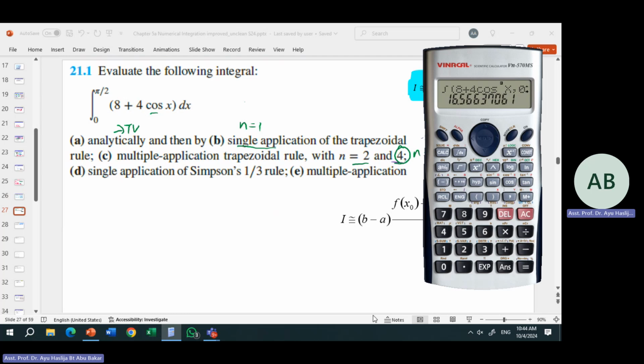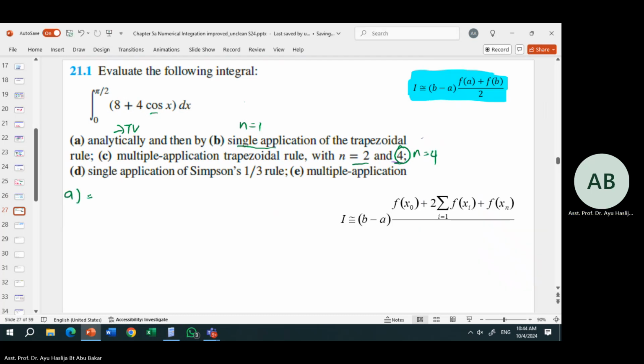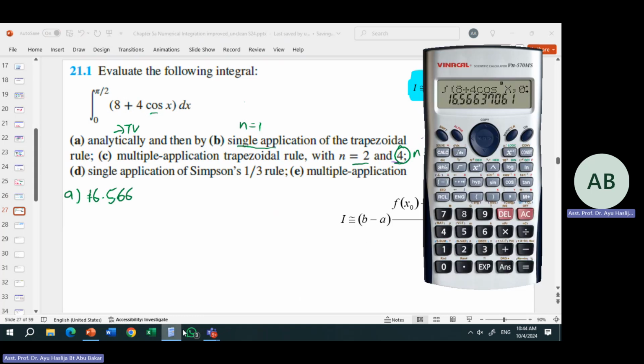Same, 16.566. Mode radian, remember the mode is radian. 16.566. If you get 18, you are using mode degree. Okay, you get the same?